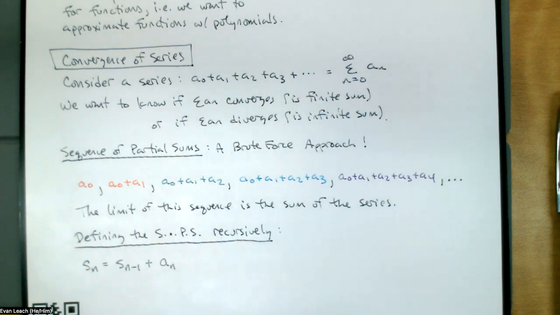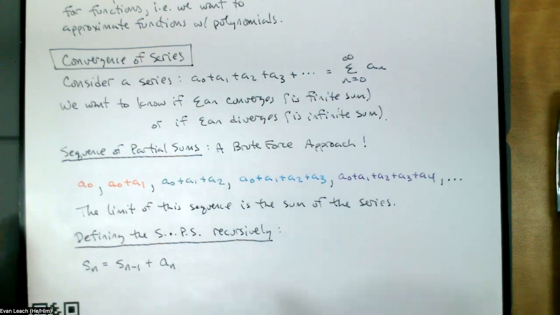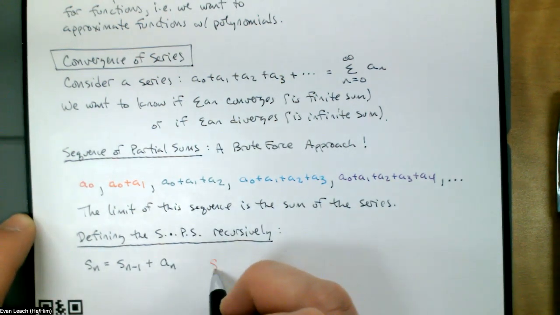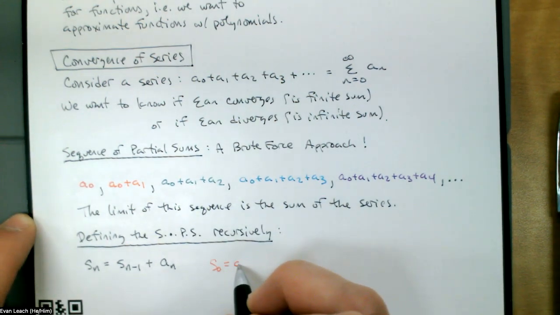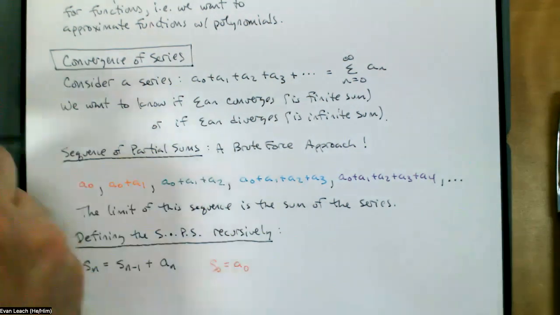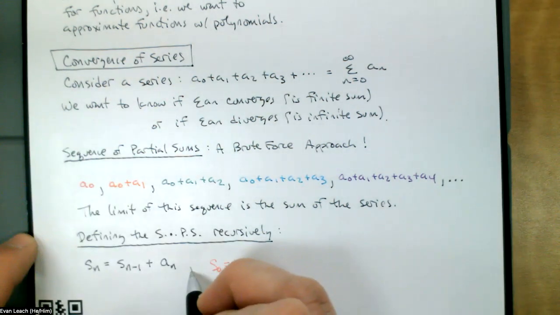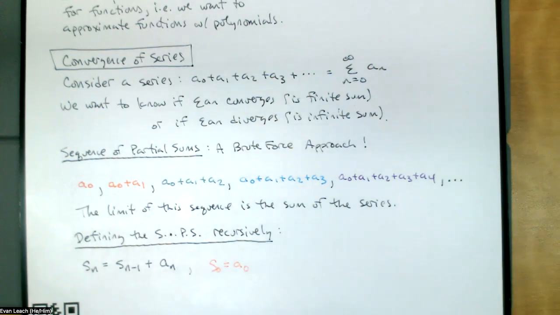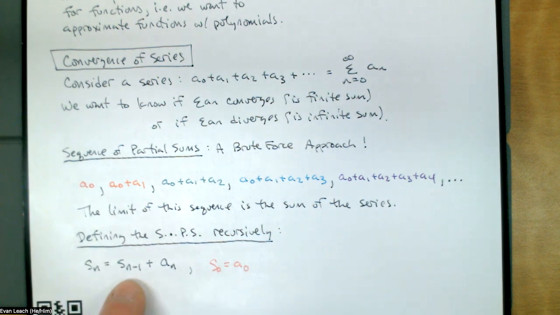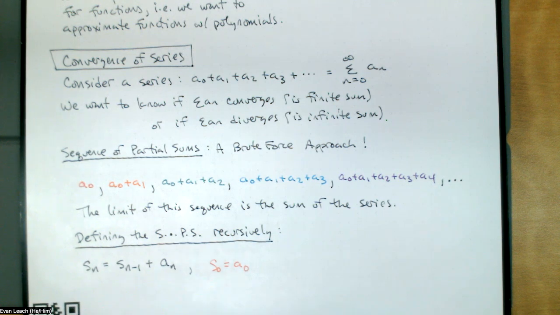Now we have to tell the reader where this all starts. This says take the previous sum and add the next term. So we have to tell the reader where this starts. So we say the first term of this sequence is the first term of the series. So S naught is A naught. S1 will be S naught plus A1.